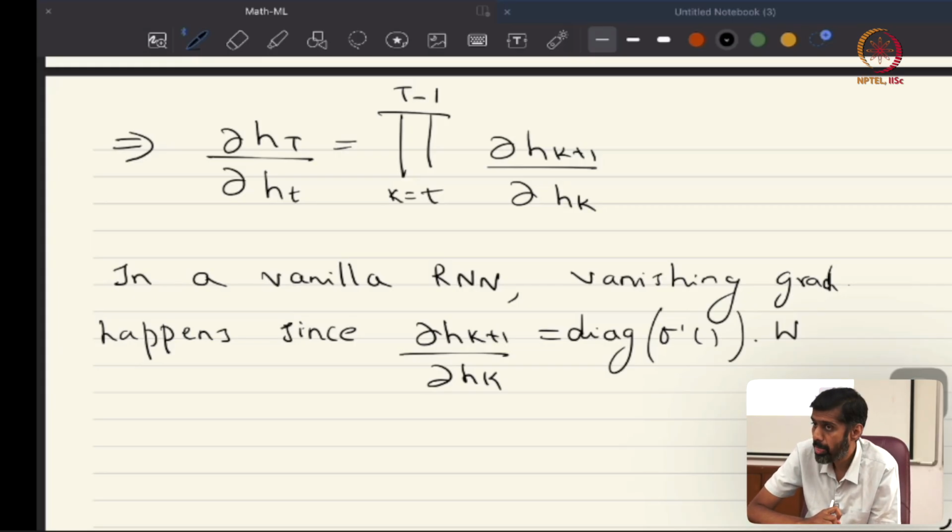Correct? Because of this repeated multiplications of w, we get that particular term.